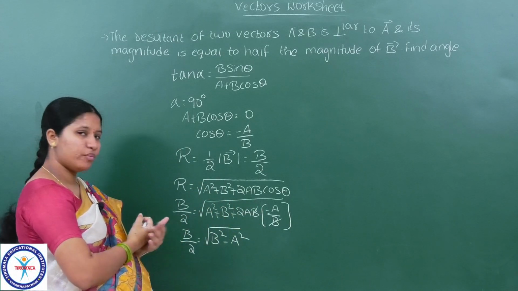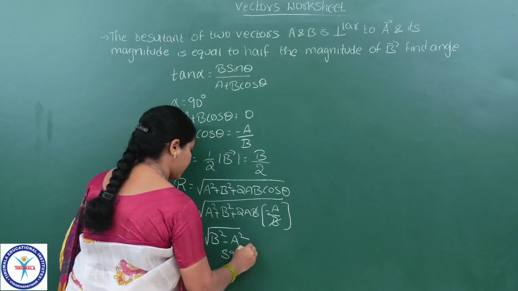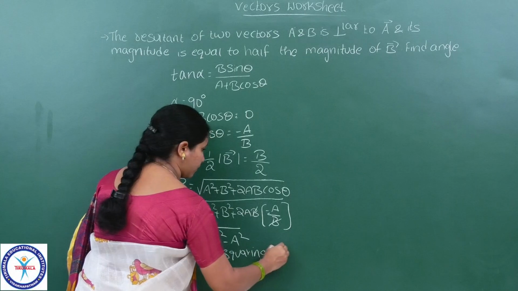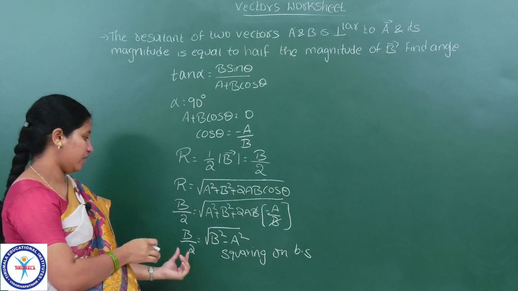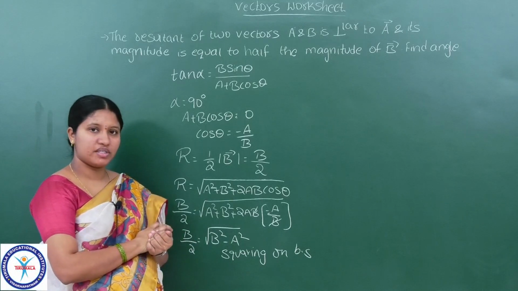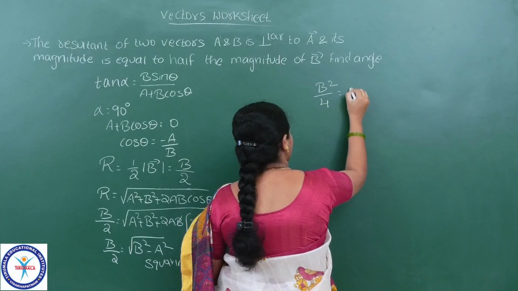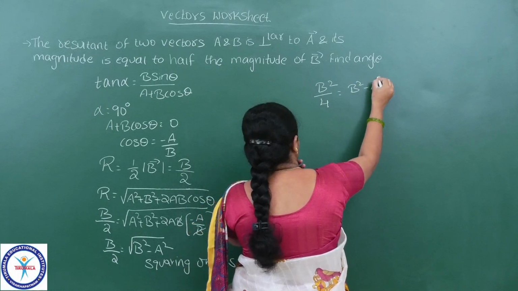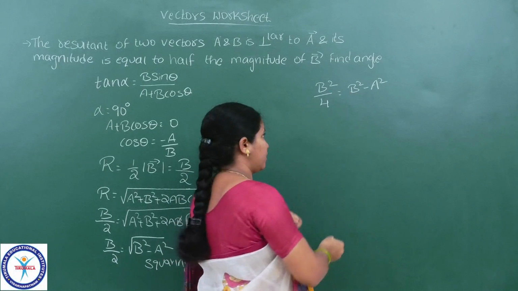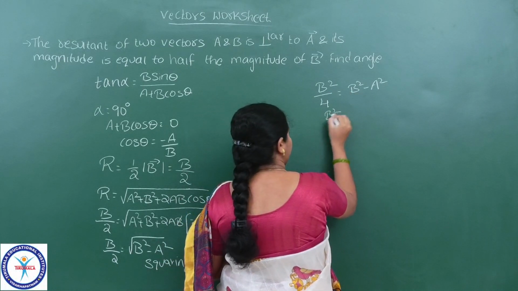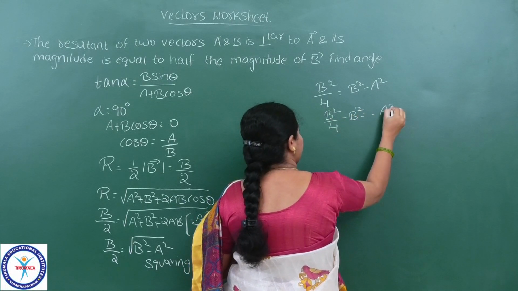Now squaring on both sides. So on doing the squaring on both sides, the equation becomes B square by 4 is equal to B square minus A square. Now transpose B square to LHS. So B square by 4 minus B square equal to minus A square.